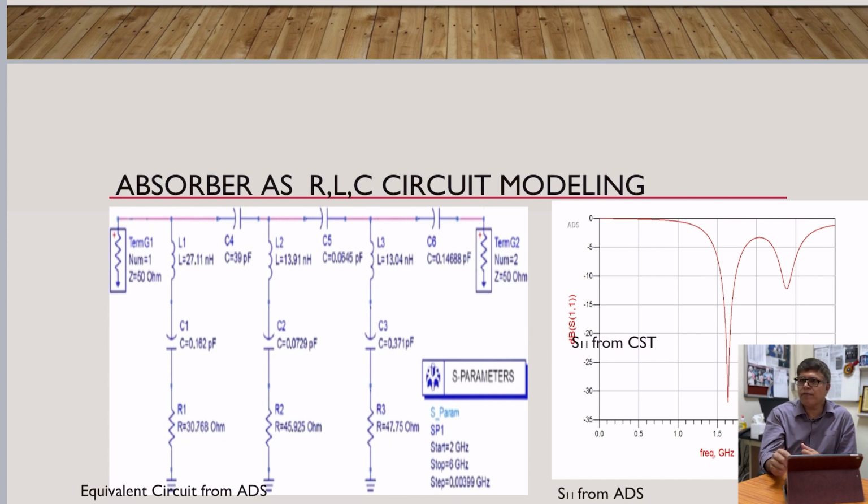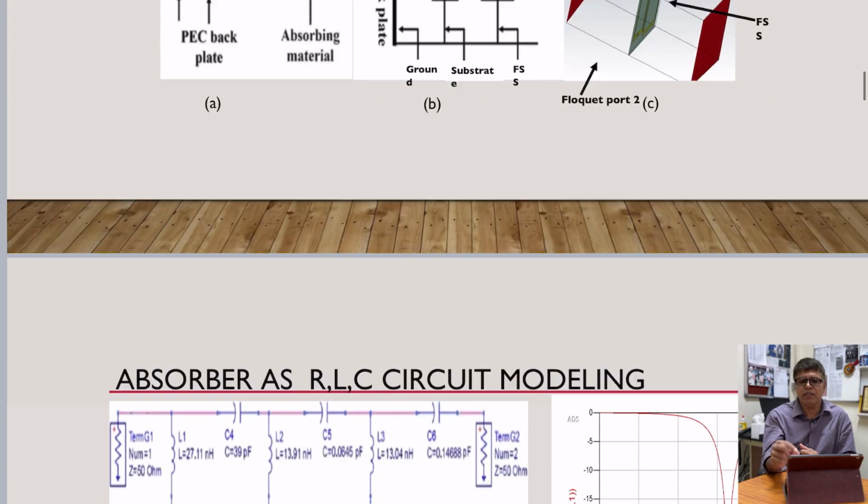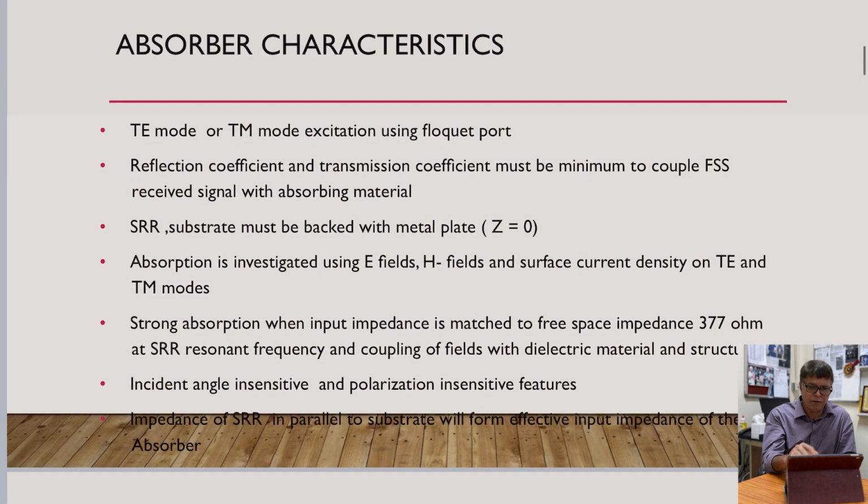We can get S11 either from CST or from ADS Agilent software, and we can compare the results, which will give us the tuned resonant frequency characteristics. As we see in this figure, at 1.6 gigahertz we are getting S11 lower than minus 10 dB. It means it is resonant at this particular frequency.